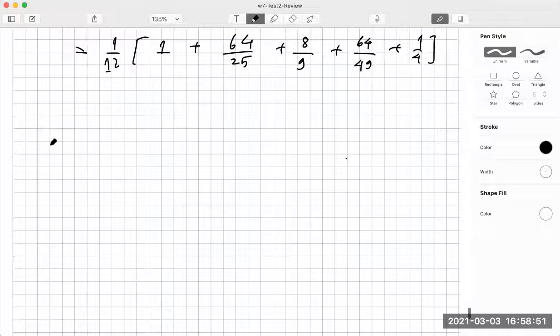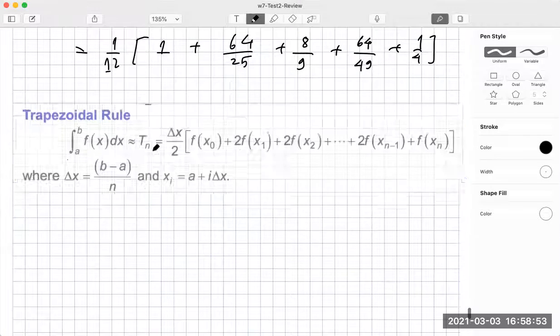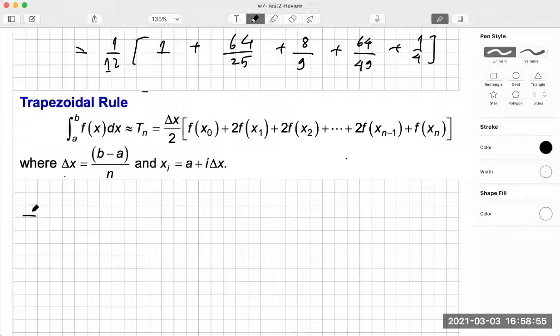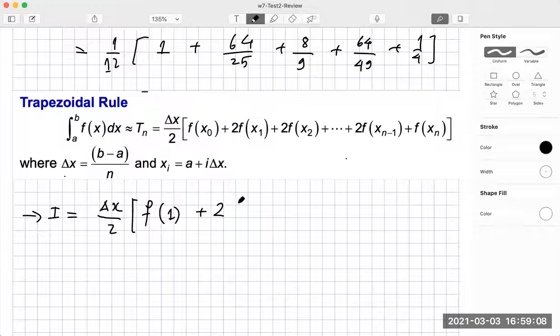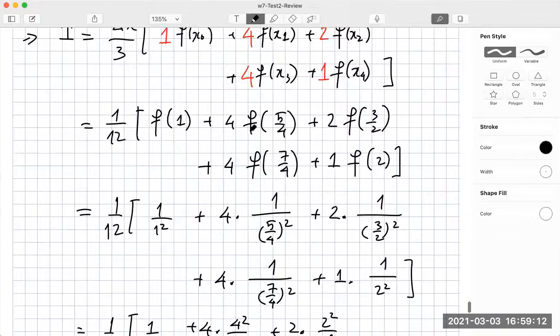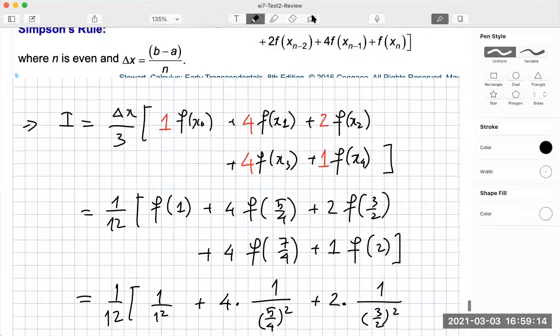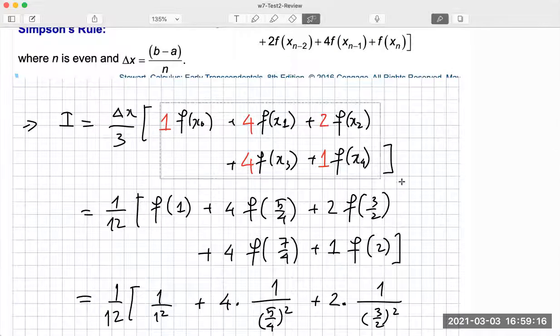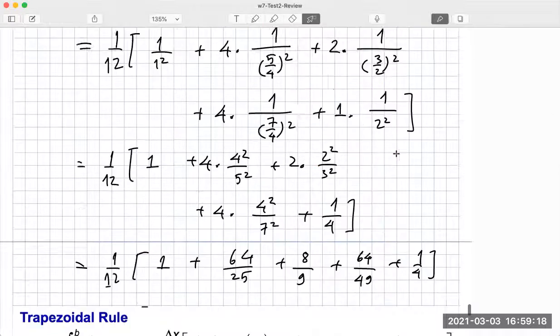So I will be delta x over 2, the same story, f of x0, which is 1, plus 2 times f of x1, and all things here.